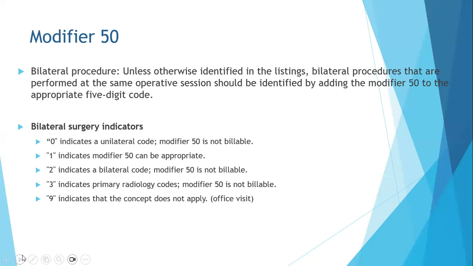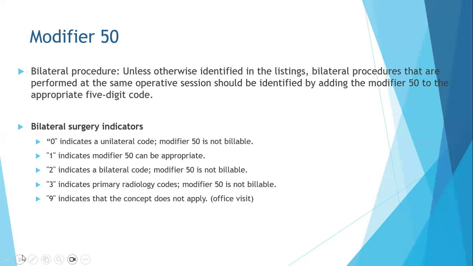Okay, so there are certain scenarios where, for instance, with an MRA study, that's a magnetic resonance angiography of the lower extremities, if it's performed bilaterally and the procedure has a bilateral indicator of 3, it should be billed with a 50, and it's specific to the insurance company.